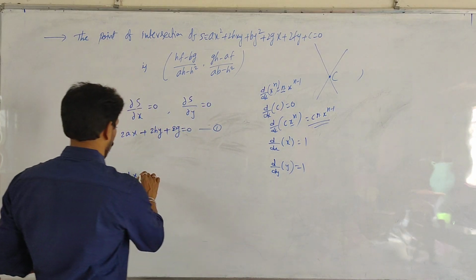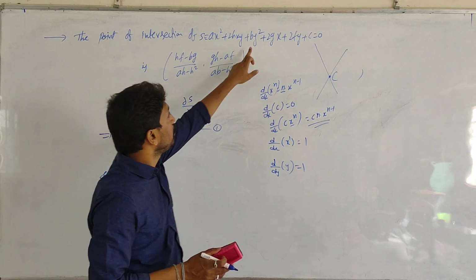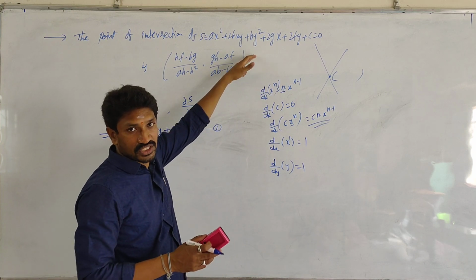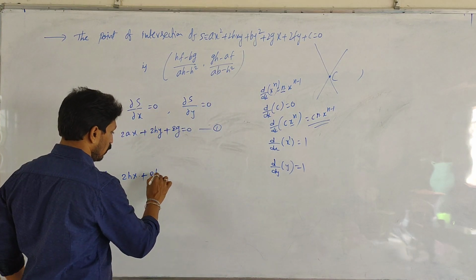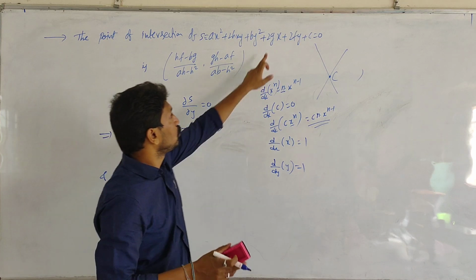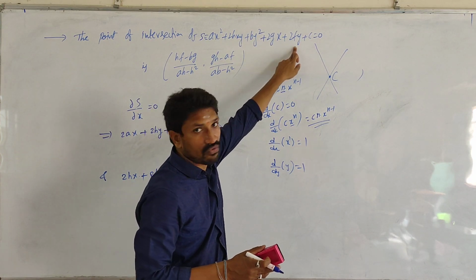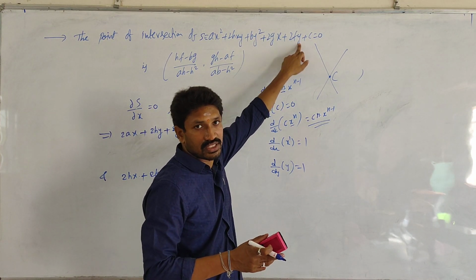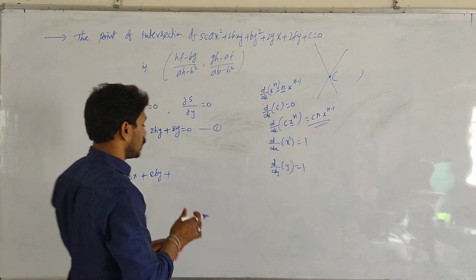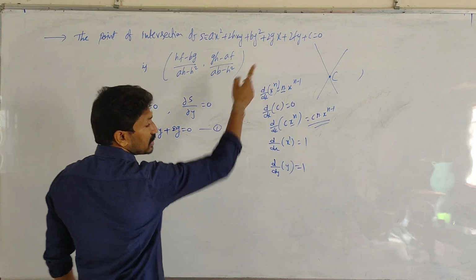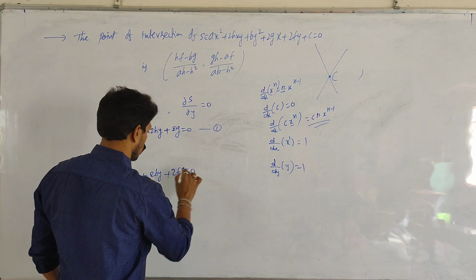Plus by square, similarly y square differentiation is 2y, so 2by. Plus 2gx is the constant. 2f is the constant, y is the variable, differentiation of y is 1, so 2f. C is the constant, that is 0, is equal to 0.